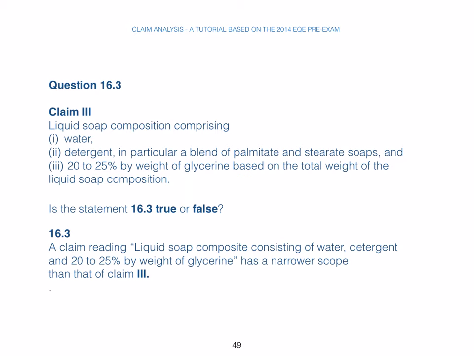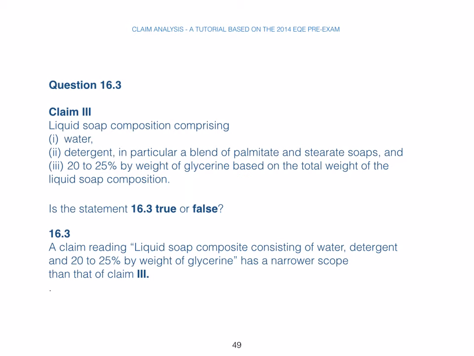So here the word comprising in the claim has been replaced by consisting, and we have to know whether the change of wording changes the scope of the claim, and at the same time you should also consider the change of format of the claim.